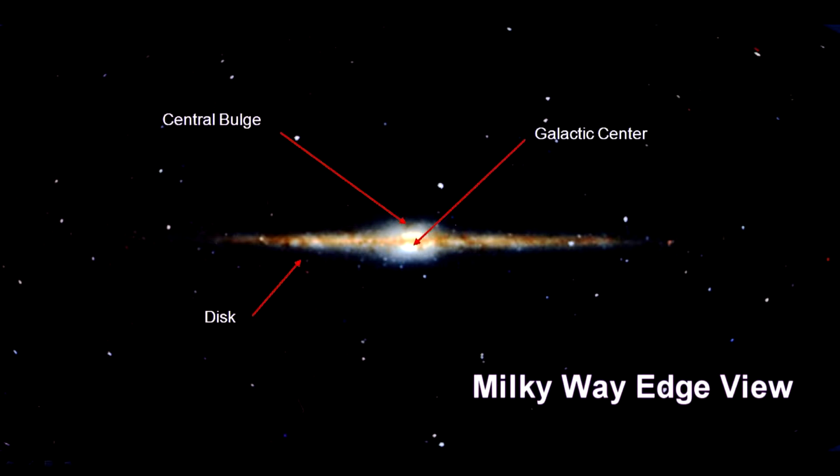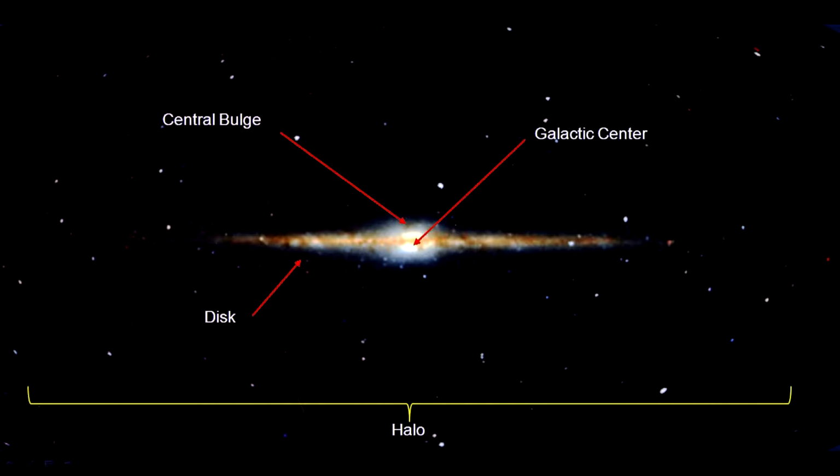The galaxy has a center with a central bulge, a disk of rotating stars and dust, and a halo with lots of globular clusters. The disk is around 100,000 light years in diameter, and the halo is much larger than that. We'll go into each of these galaxy components, starting with the galactic center.